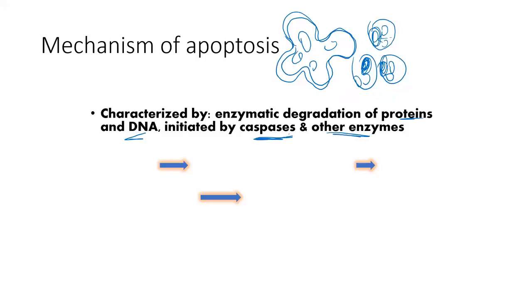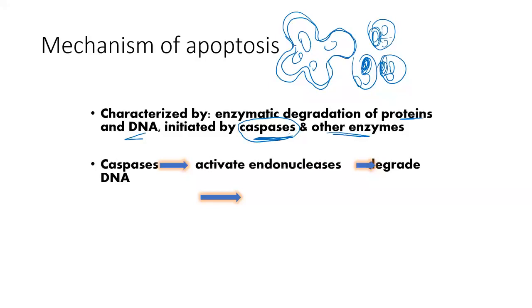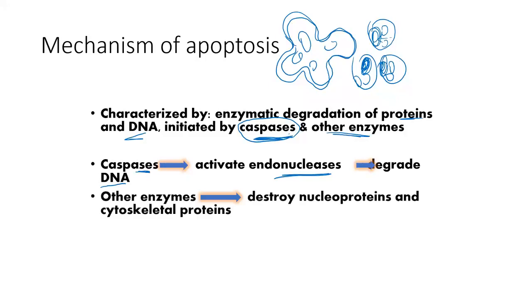You remember caspase. Caspase is one enzyme very important in the process of apoptosis. These caspases, when activated, will lead to activation of endonuclease, and this endonuclease will degrade the DNA. As you remember, endonuclease degrades DNA, resulting in pycnosis and karyorrhexis.